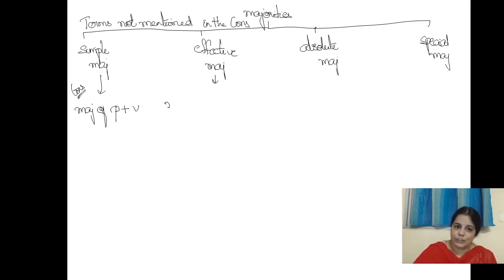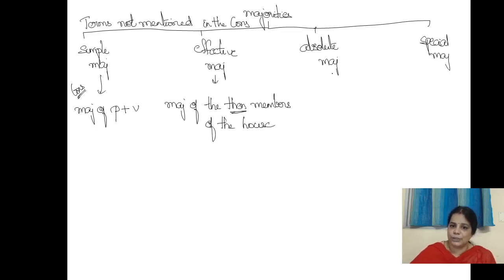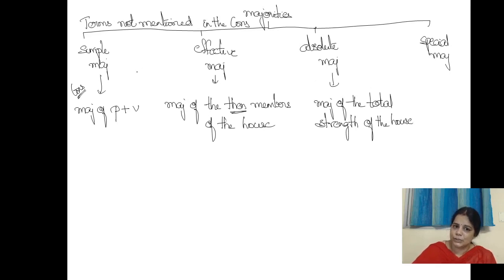Here the word 'present' is very important. Effective majority is majority of all the members of the house. And when it comes to absolute majority, we say it as majority of the total strength of the house. And then any majority which is not simple, effective or absolute is a special majority.